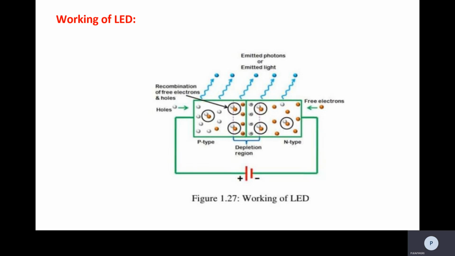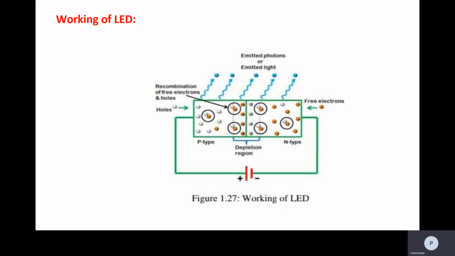We already know the majority charge carriers in p-type are holes and in n-type are electrons. Whenever it is in forward bias, electrons combine with holes, and at that time energy is released, and this energy is called photonic energy.